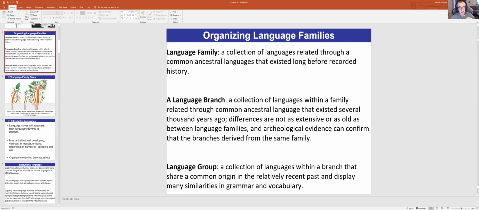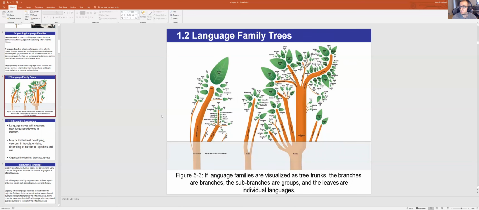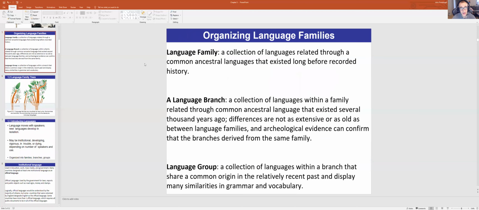Okay. So we can think of language families on here as the trunk, the biggest part. Then we have the language branch, which is what you see here, stemming off of the trunk. And a language branch is a collection of languages within a family. So remember, there are different families, and then within those families you have the branches.